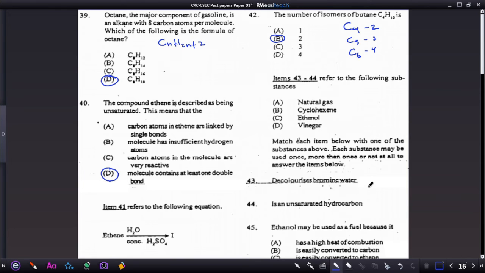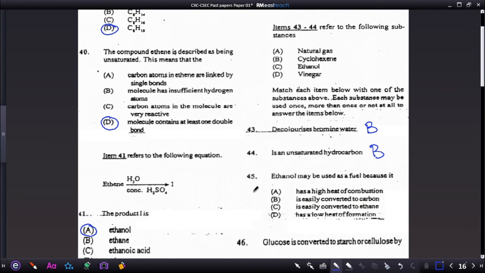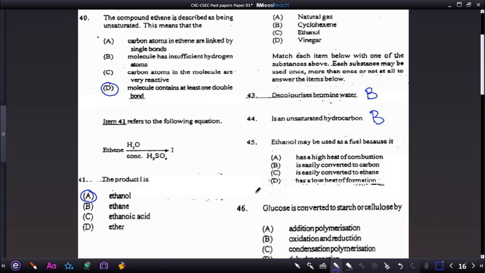That's the alkene. Is an unsaturated hydrocarbon. That's the alkene again, in this case cyclohexene. So that's B.